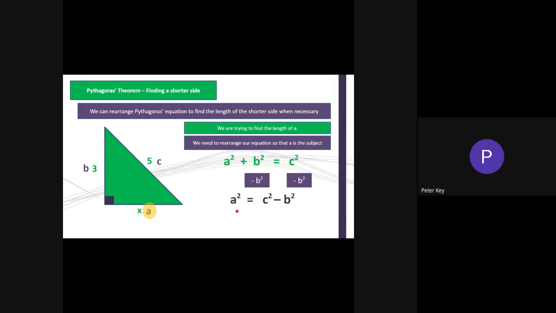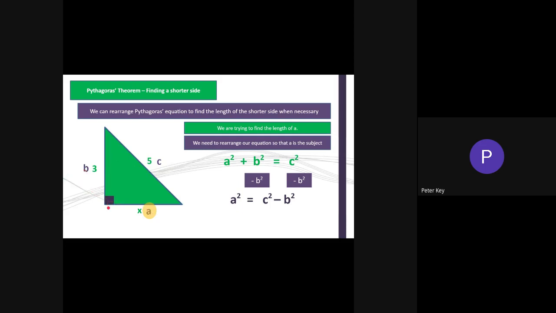So what I'm going to do this time, I'm going to take a squared and pop that down. Now, I know that that added to that equals that squared. So what I'm going to do is reverse. I'm going to start with that. I'm going to take away that, which should give me that.